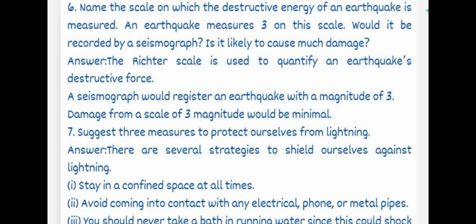Question 6. Name the scale on which the destructive energy of an earthquake is measured.